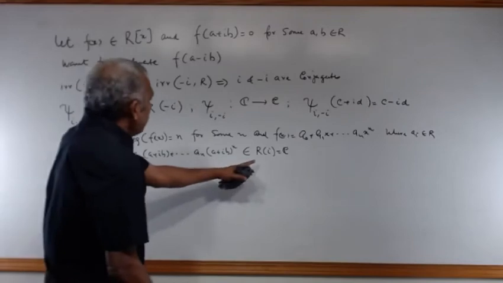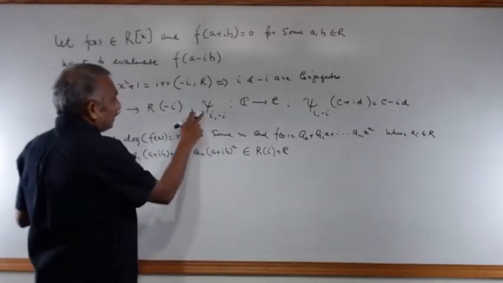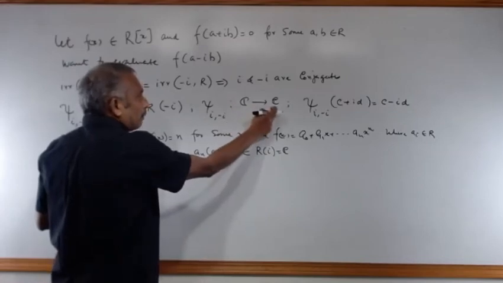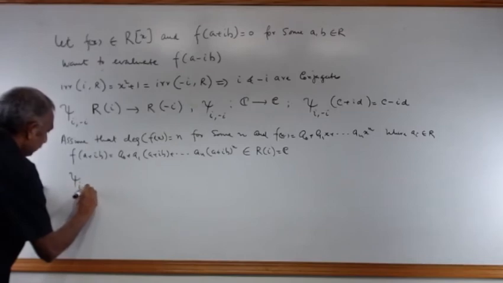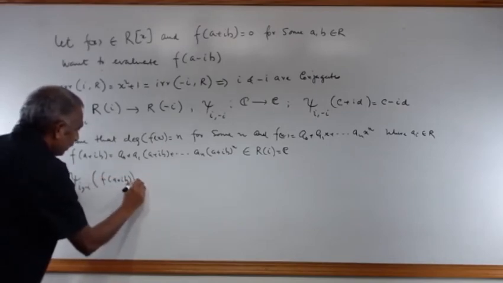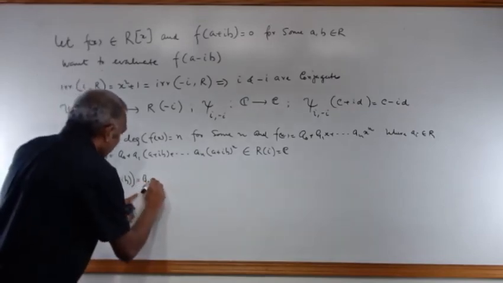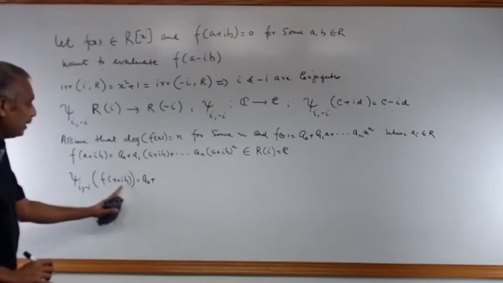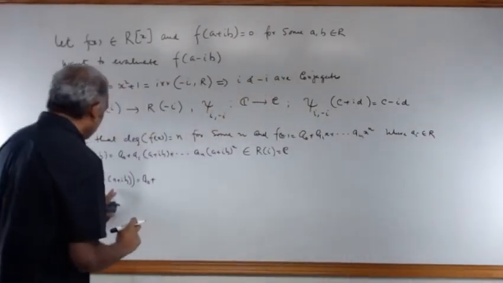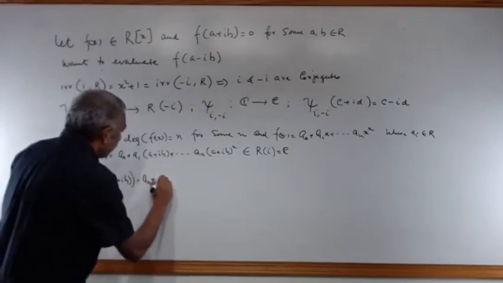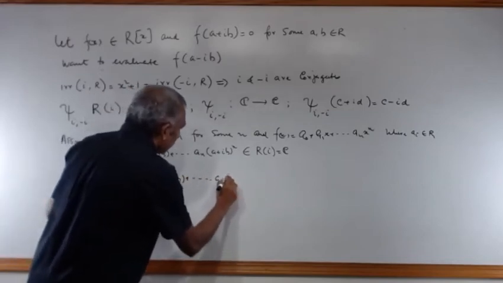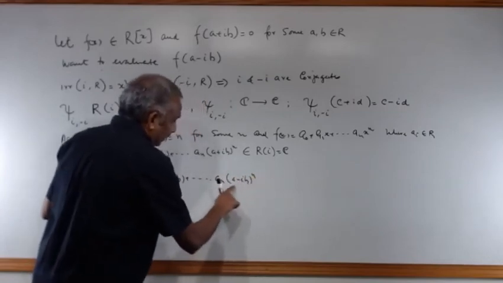So we can talk about the image of this element by the conjugate isomorphism, because the conjugate isomorphism takes an element from C and maps it to another element in C. So psi i comma minus i of f of a plus ib is equal to a0 plus a1 (a minus ib) plus ... an (a minus ib) to the power of n, replacing a plus ib by a minus ib, because that is how the isomorphism is defined, and because it is an isomorphism, you can write it this way.